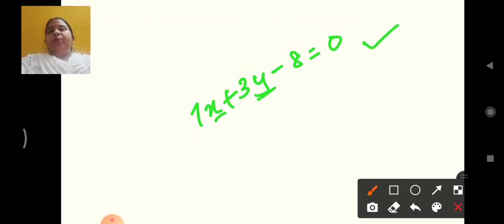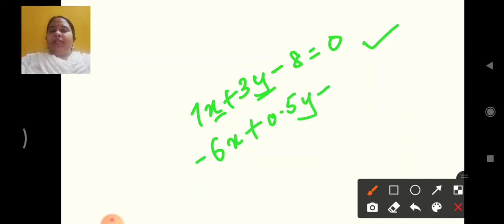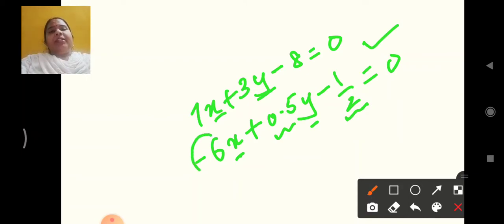Okay, let me give you one more example. Randomly, any number minus 6x plus 0.5y minus 1 upon 2 is equal to 0. Now whether it is a decimal or a fraction, it is not going to affect. What we need to check is that for x and y, the degree should be 1, and one more important thing, that these numbers should not be equal to 0.